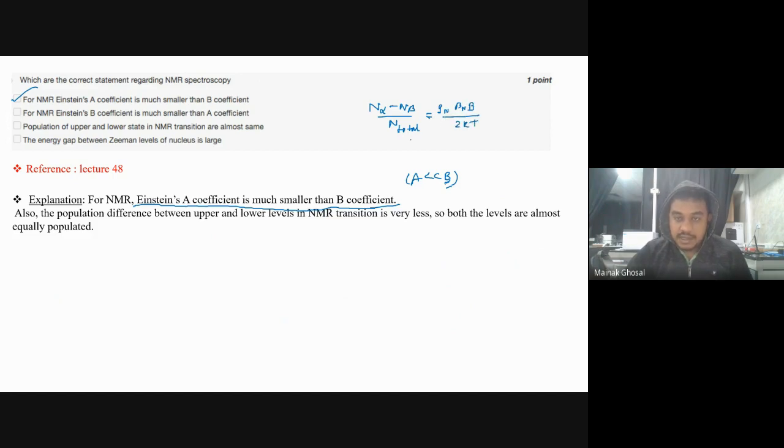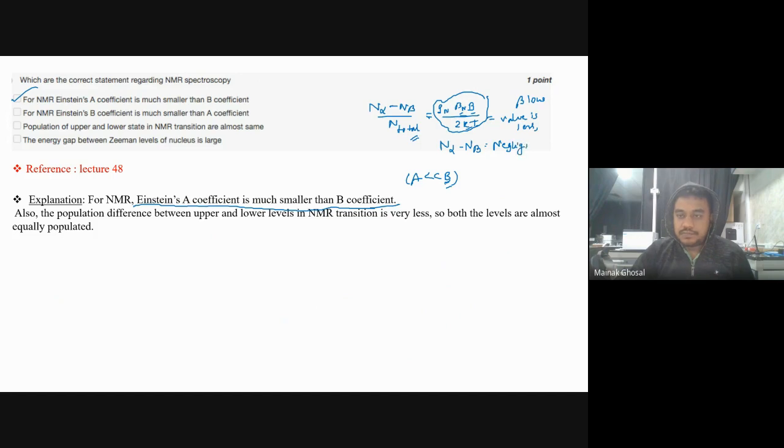So we have seen the population of the upper level and lower level depends upon this factor, and for a given magnetic field and a given kT, this is very low. Beta value is less, which implies that alpha minus beta is negligible.